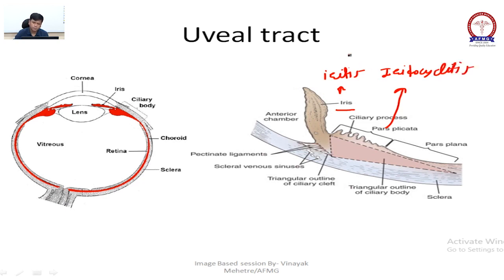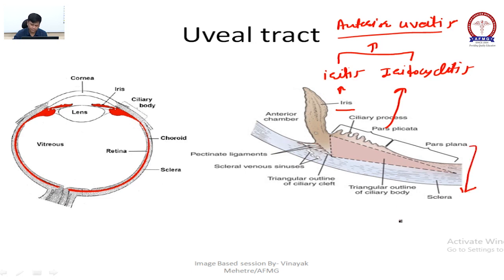Both together will come in anterior uveitis. Iritis and iridocyclitis will come in anterior uveitis. Now, if pars plana gets infected, it is called as pars planitis.